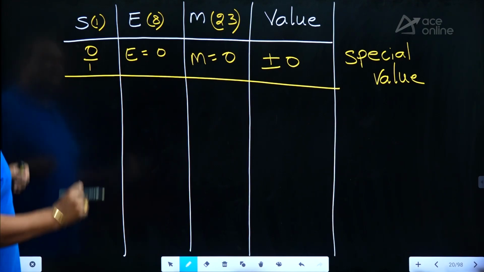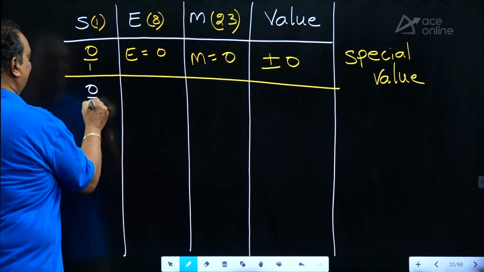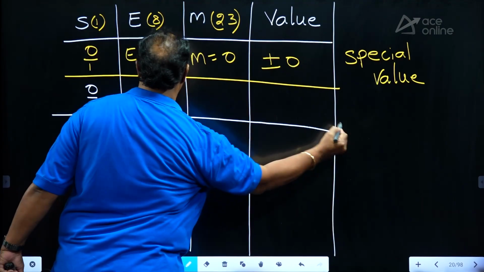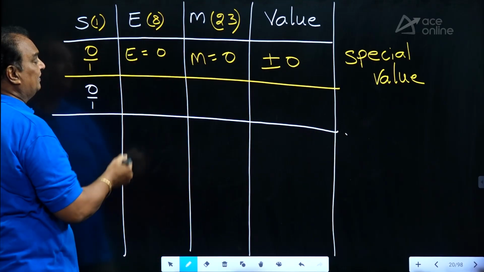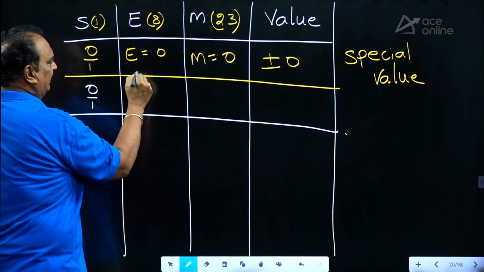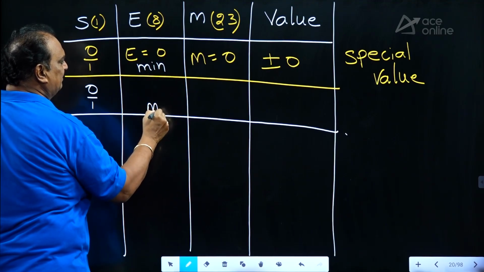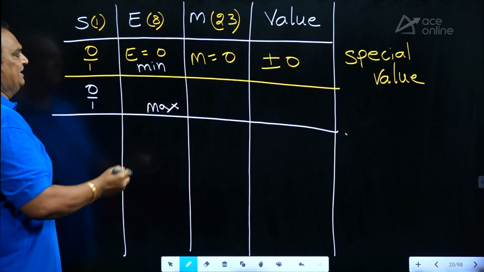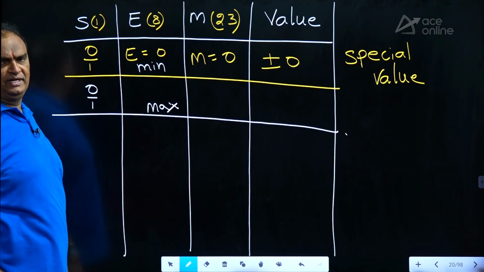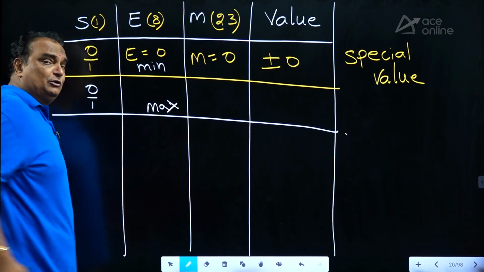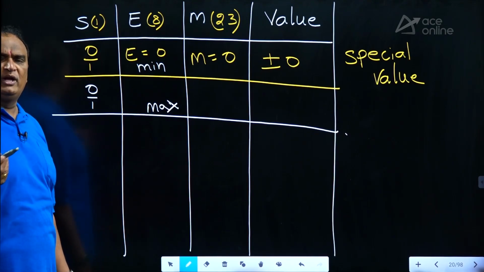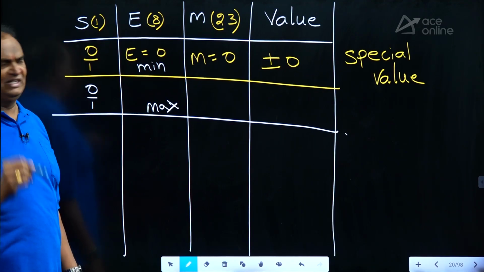Next, here S is 0 or 1. Here the E value is equal to 0, which is the minimum. Here the E value is the maximum. Capital E means the biased exponent. The minimum and maximum capital E values are allocated for representing special values.